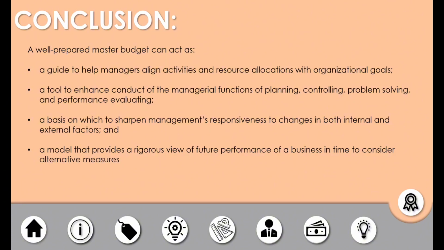And then the conclusion for our topic is that a well-prepared master budget can act as a guide to help managers align activities and resource allocations with organizational goals, a tool to enhance conduct of the managerial functions of planning, controlling, problem solving, and performance evaluating, a basis on which to sharpen management's responsiveness to changes in both internal and external factors, and a model that provides a rigorous view of future performance of a business in time to consider alternative measures.